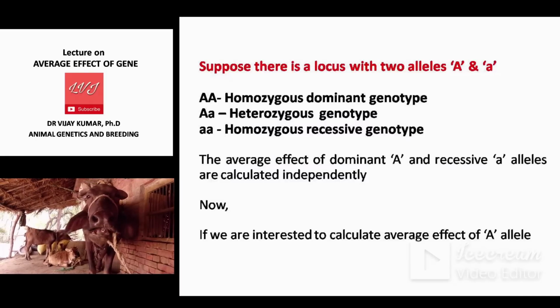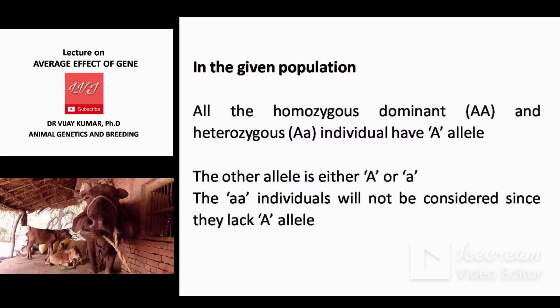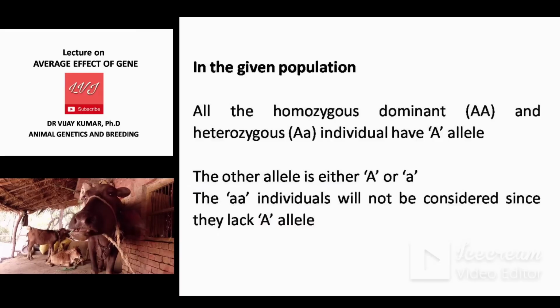Now, if we are interested in calculating the average effect of the dominant allele, in the given population all the homozygous dominant capital A capital A and heterozygous capital A small a individuals have the dominant allele.